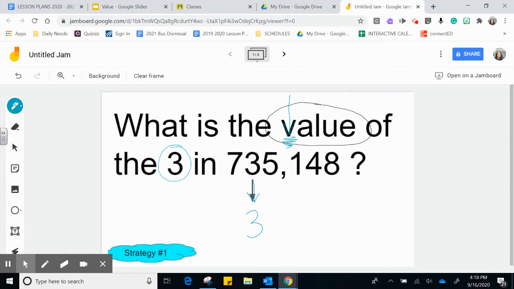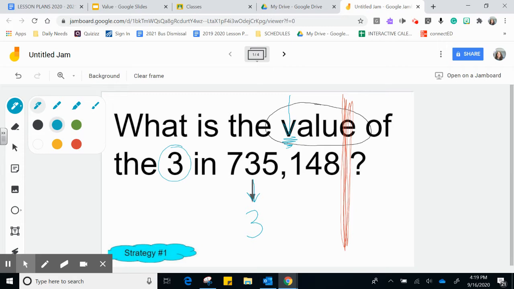But there is a rule with the place value parking lot that a car just can't park anywhere. It always has to start at the beginning of the parking lot, and the beginning of the parking lot is always over here. So we can't just park a car anywhere we want. We have to always start in the ones place first. Well, this 3 isn't in the ones place, so we have to put other cars in before it.